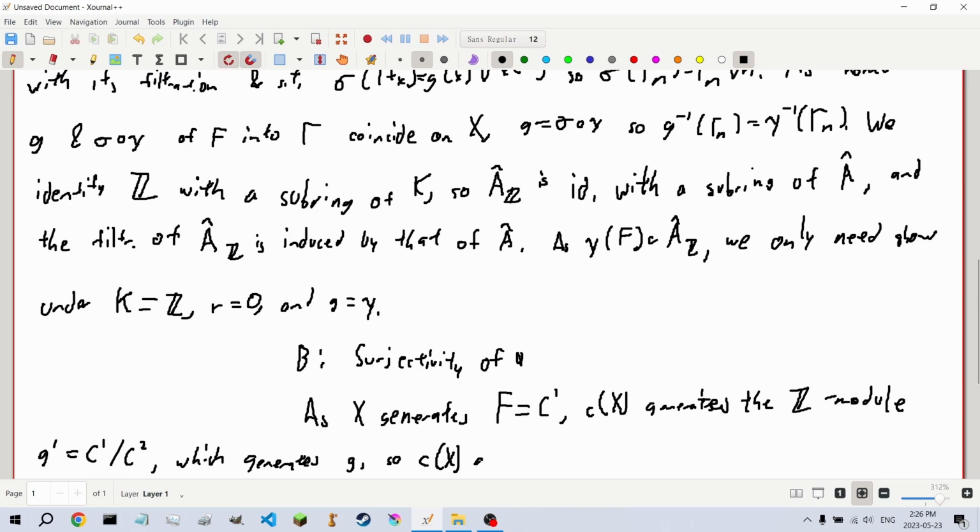So C of x generates G, so alpha is surjective.